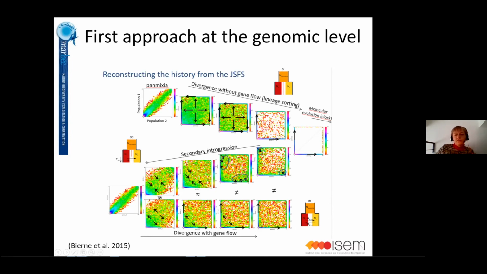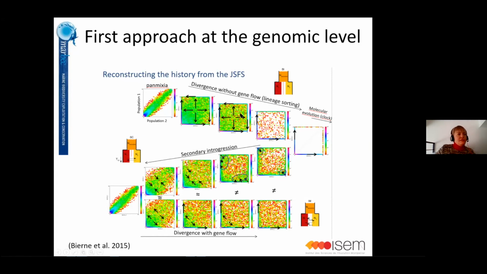I won't go into far details, but here just to show you that we could see different patterns. For example, if we start with an ancestral population, shortly after the split, most of the SNPs are shared at similar frequency between the two populations, but as divergence increases, more and more SNPs are accumulating in the edges and the corners of the spectrum.